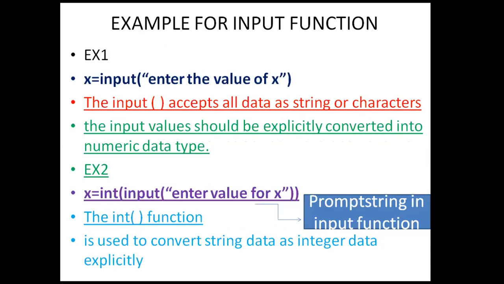Now we'll see the examples for the input function. Example number 1. How will you use your input function? As I already gave you the syntax: variable name equal to input, open the bracket, within double quotes, enter the value of x, close your double quotes, close your bracket. So this "enter the value of x" is called your prompt string. input is called your function name. x is called the variable.